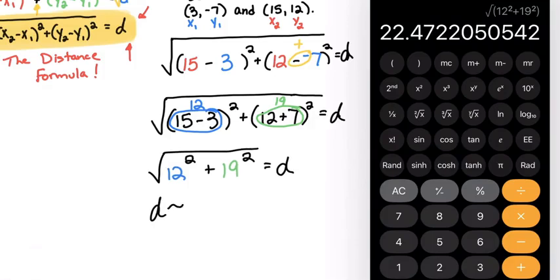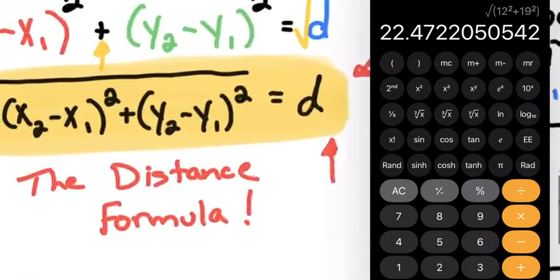I'm going to do approximately equal, so that wavy equal sign, approximately 22.47. And so there's our distance. It's about 22.47, and that's how we can find the distance between those 2 points without using a graph or the Pythagorean theorem.